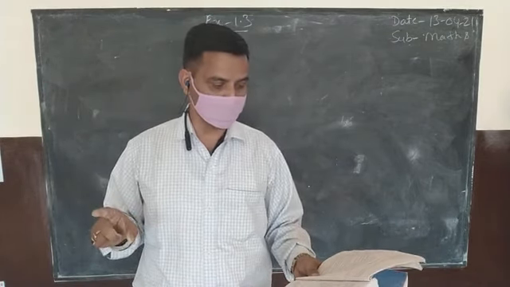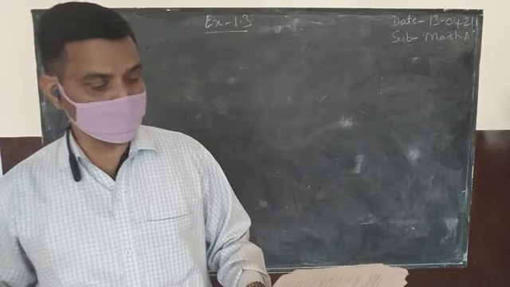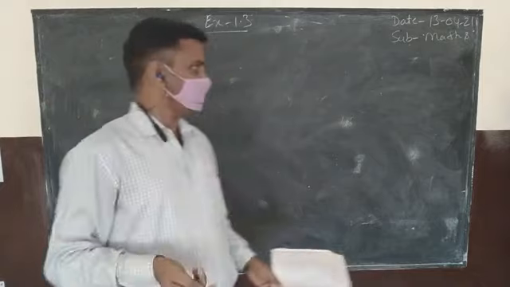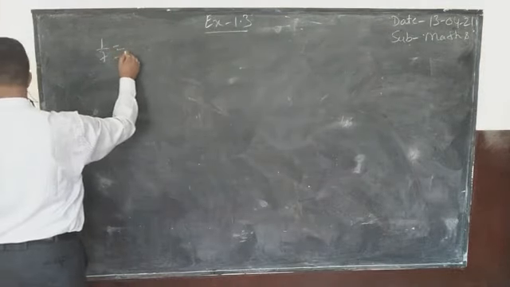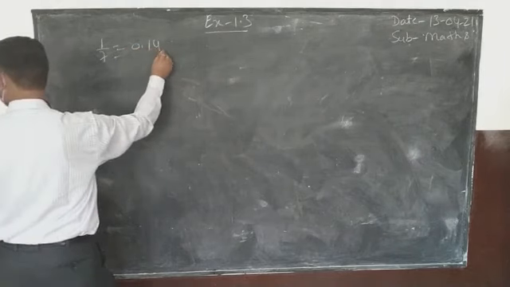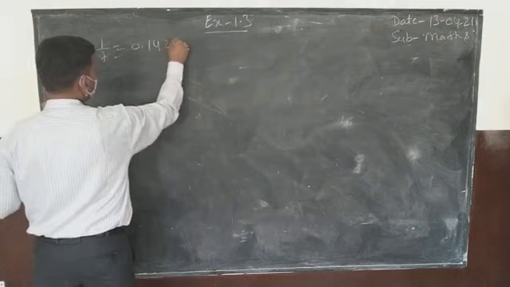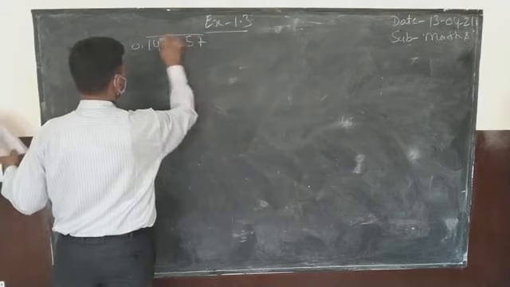It means without actual long division, how do we find the value of 2 by 7, 4 by 7, 5 by 7 and 6 by 7?